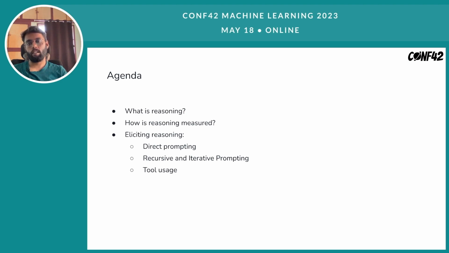We'll be discussing different techniques like direct prompting, direct one-shot generation of the solution, and then recursive and iterative prompting, in which we will be discussing techniques to recursively and iteratively let the LLM generate the solution. And then we will be discussing tool usage, which is the most popular one now with the advent of HuggingGPT and Hugging Face agents and so on.